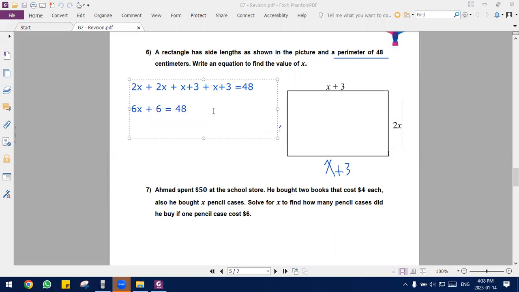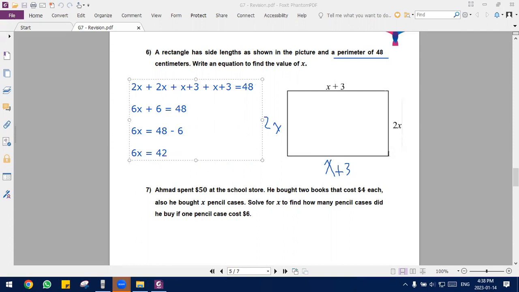Now to solve the equation, we put the letters or the variables on one side, which is x here, and the numbers on the other side. So 6x will stay here, but I will take plus 6 to the other side, and I should change its sign. So it will be 48 minus 6. I'll explain it again after. Now, 6x equals 48 minus 6, which is 42.